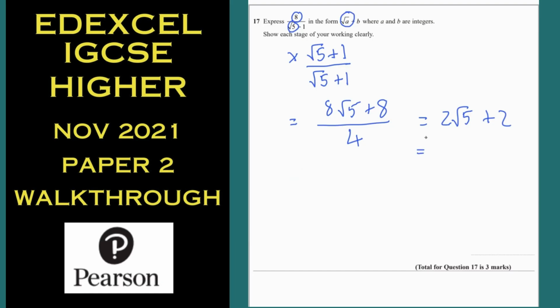So another way of writing the number 2 is root 4. That means we can combine them by multiplying, and so the A is 20, not 5 and not the 2 before. Just be careful on that one. It's not a bad question, but it is sort of phrased in a way designed to catch you out for a mark, certainly.